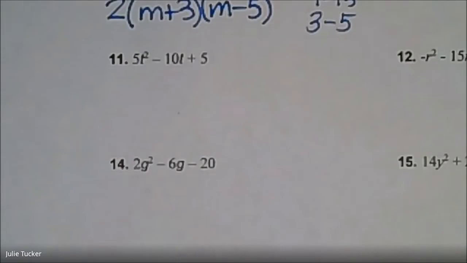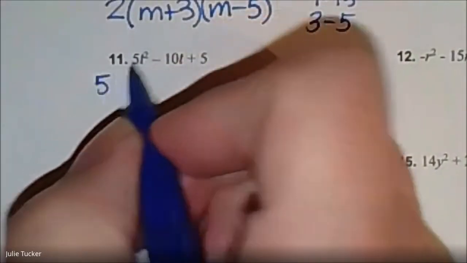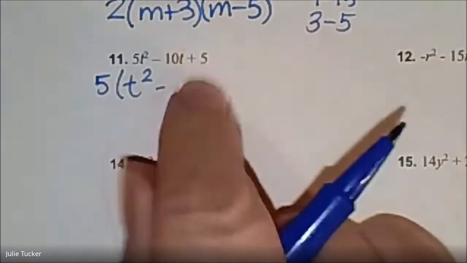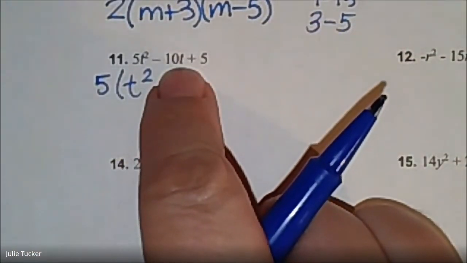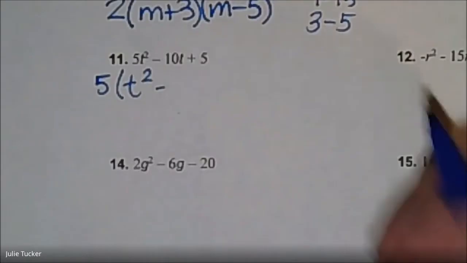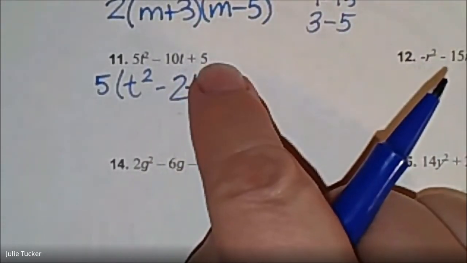In front of the parentheses, yes. T squared minus, what will the second term be after I divide 5 out of it? Good. And then plus 1.